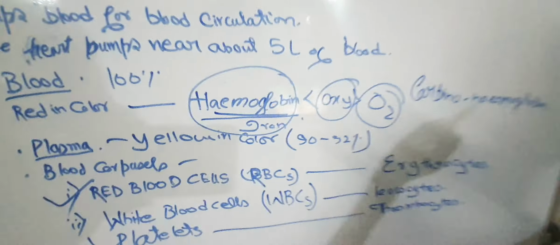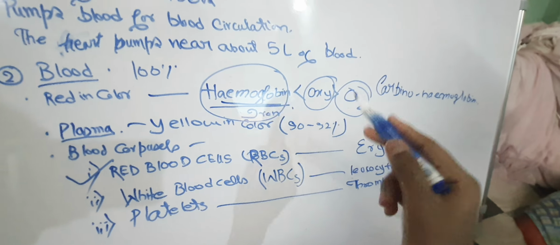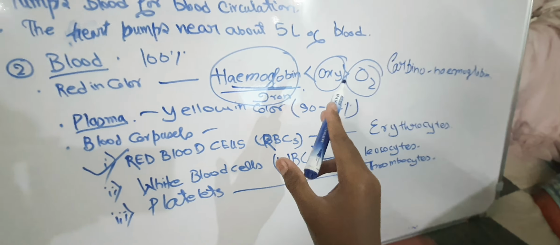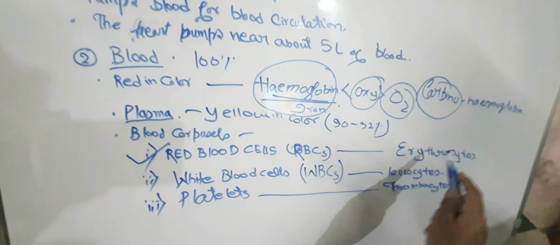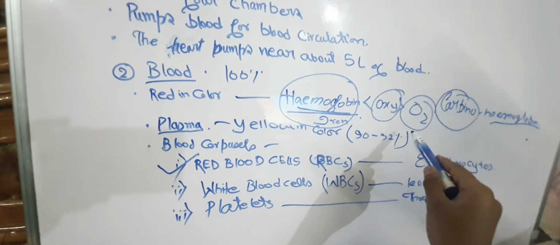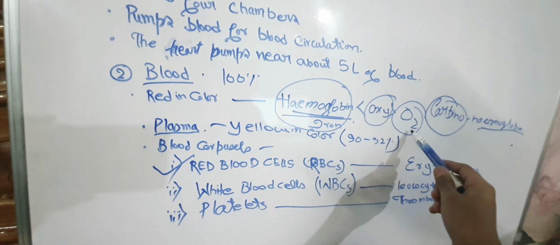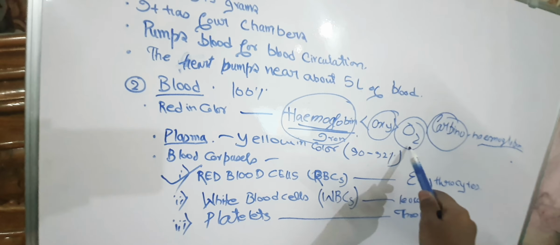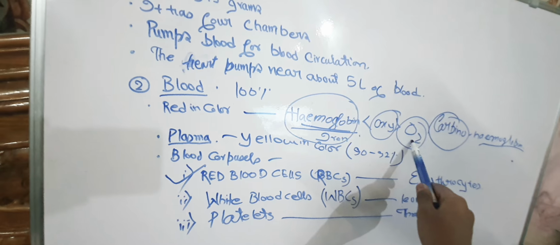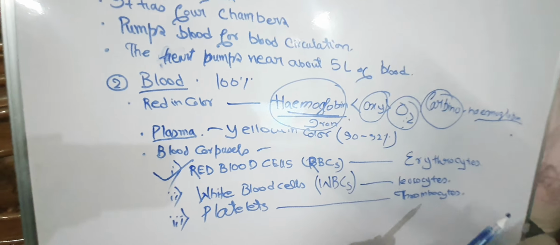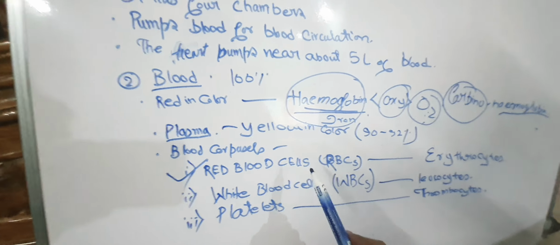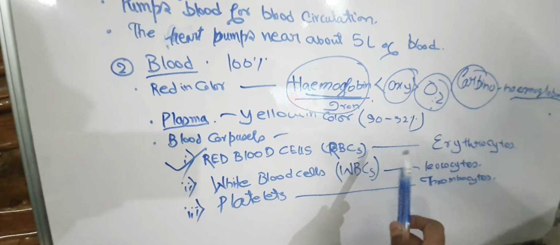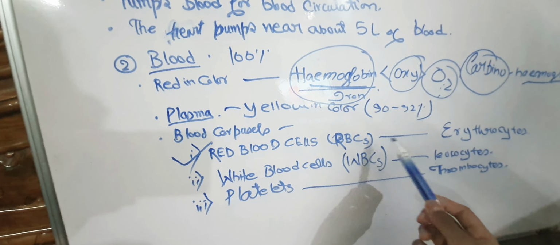It goes to the lungs for purification, and the carbon dioxide is removed from the hemoglobin of the deoxygenated blood, and then it becomes oxygenated again by gaseous exchange with oxygen, O2. Then the hemoglobin forms oxyhemoglobin again. Like this, the red blood cell helps us by transporting oxygen.